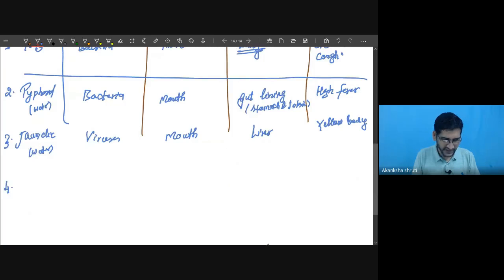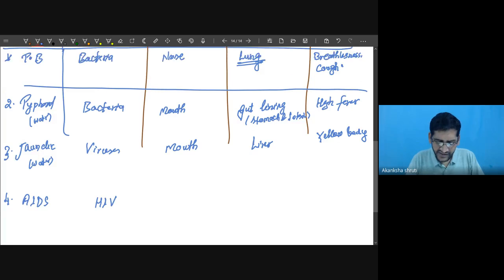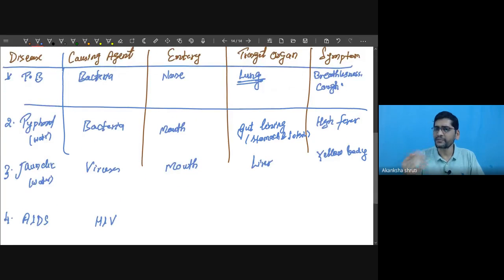The fourth one is AIDS. AIDS is caused by the virus HIV. The entry points are like our mouth and the sexual organs. It affects our blood cells, exclusively WBC.